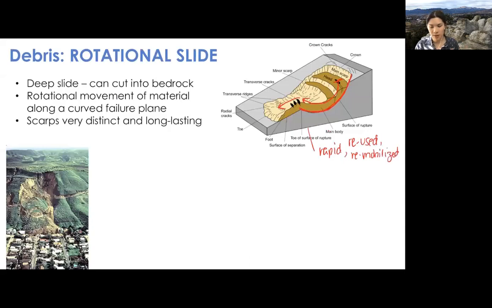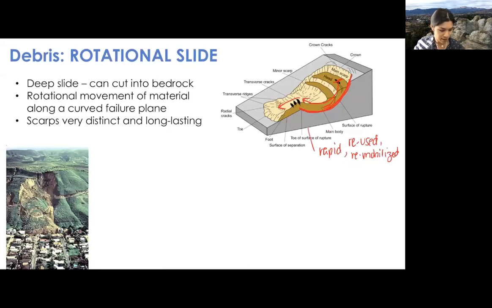So because they rely on these failure planes at depth, these failure planes can persist over periods of time. And so you may get a rotational slide that occurs once, and then several years later, there's another slide that takes advantage of that same failure plane or of some smaller failure planes within the original slide. So this could be a recurring hazard.